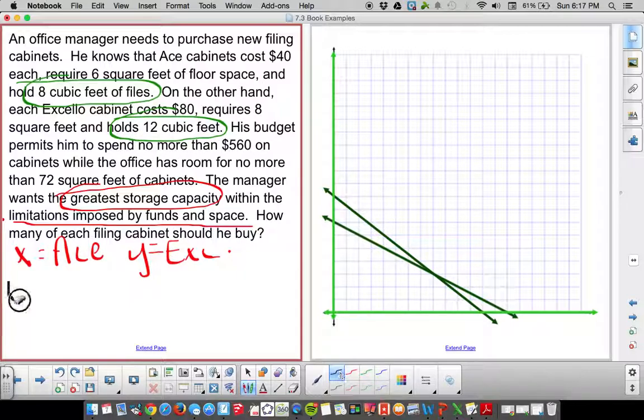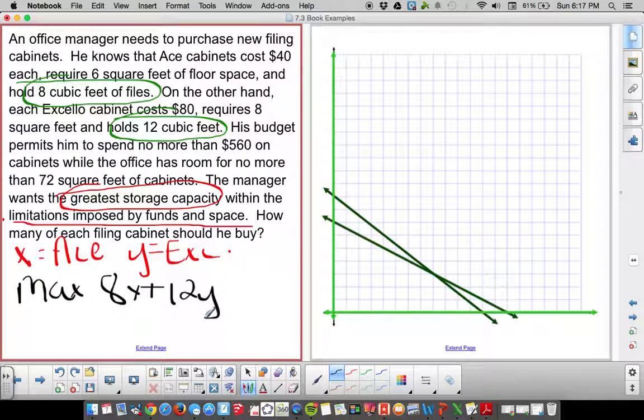So we know our objective equation, or what we're trying to maximize, is going to be 8 times X, and 12 times Y. So that is my objective quantity.